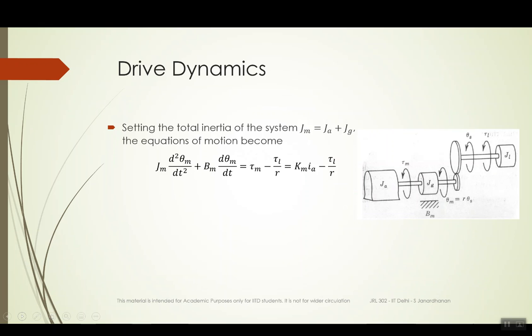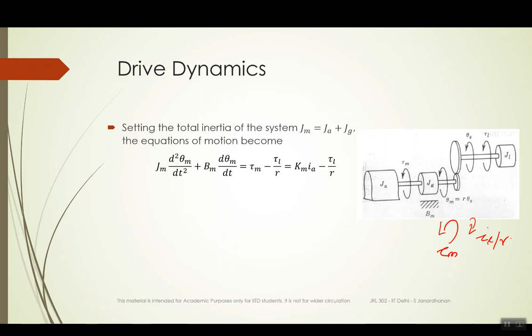Okay, now let us see the dynamical equation that will govern this side. There is a torque in this direction, and there is a load torque, but due to the gear train, you have tau m in this direction and tau l by r in this direction, and the resultant is what we are actually seeing as the rotation of the motor.